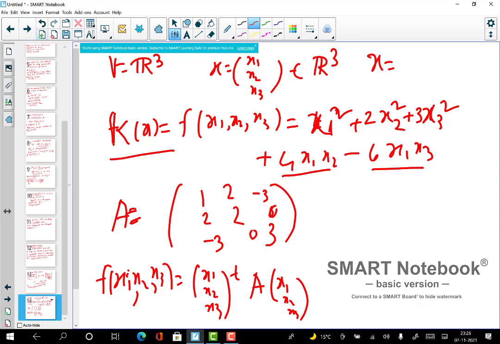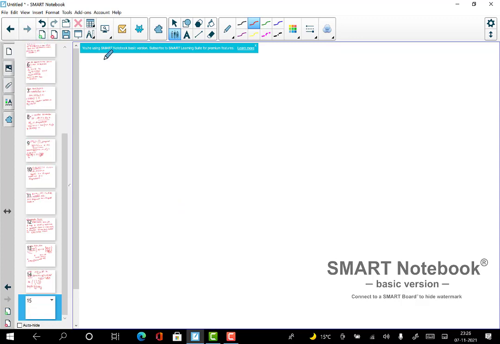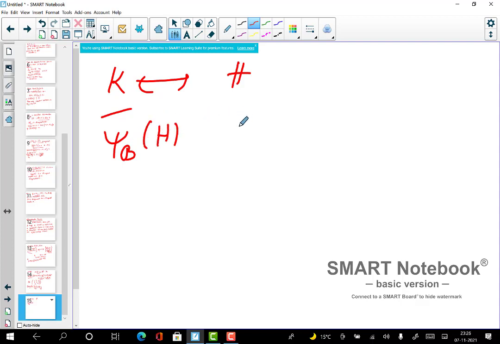In general, suppose the matrix of this bilinear form is A. Suppose K is the quadratic form and H is the corresponding symmetric bilinear form. Then you can find a basis such that the matrix is of the form Aij.